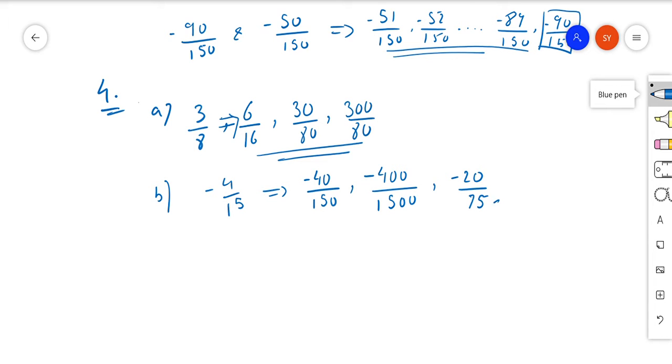So these are the three equal rational numbers in which the standard form would be minus 4 by 15.